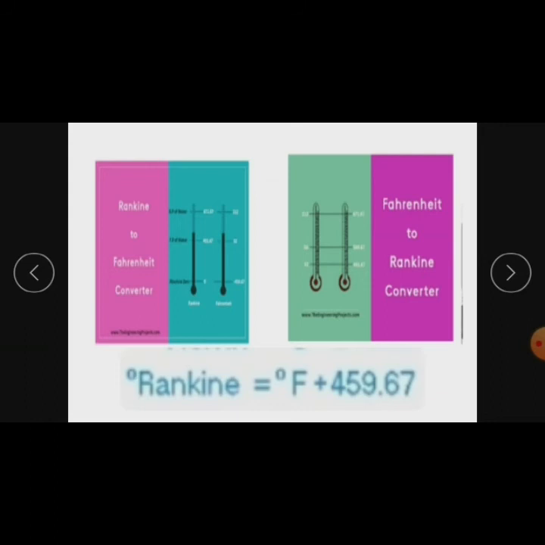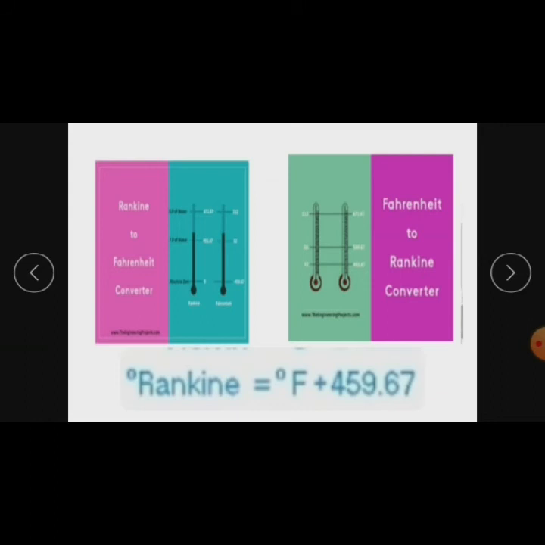To sort out this problem, they use the Rankine scale. It is named after the Glasgow University engineer and physicist Rankine, who proposed it in 1859. It is an absolute temperature scale and has the property that 1 degree Rankine change is equal to 1 degree Fahrenheit change.